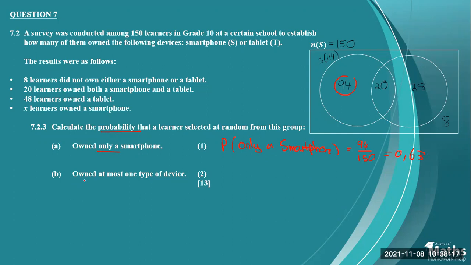How many learners owned at the most one type? Here I want to explain something to you.